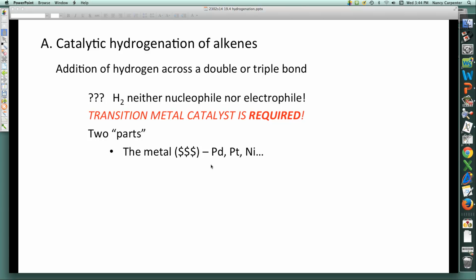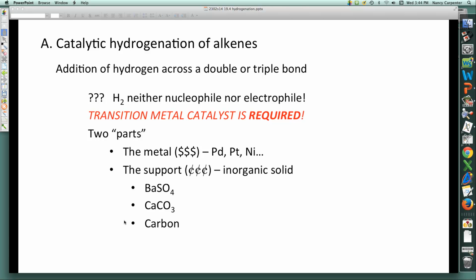Platinum's good too, but they're super expensive. So we maximize our working bit, the metal surface, by spreading it on an inorganic solid. That's called our support, and that's something like calcium carbonate, which is basically chalk, barium sulfate, or just graphite carbon.